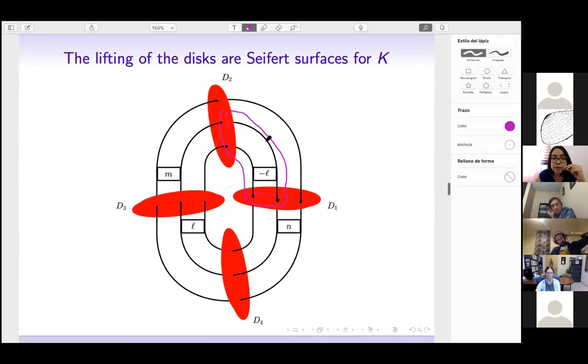So this cannot be a product region, and then the Seifert surfaces are non-isotopic.